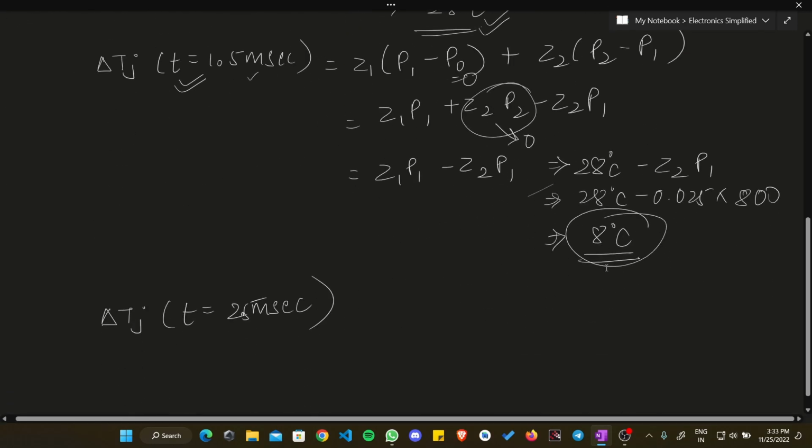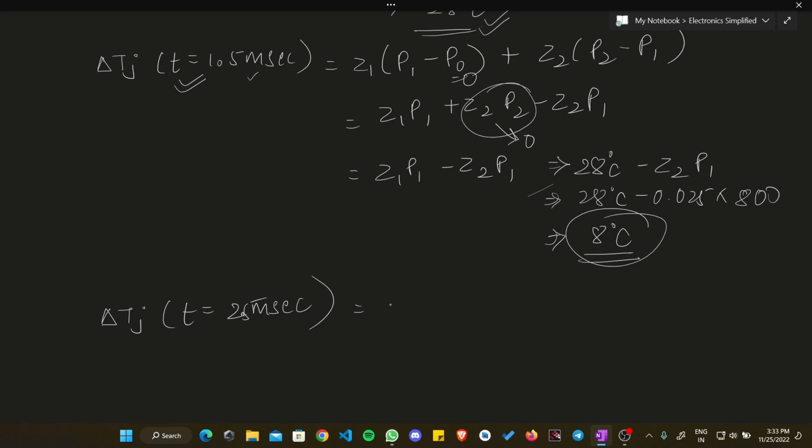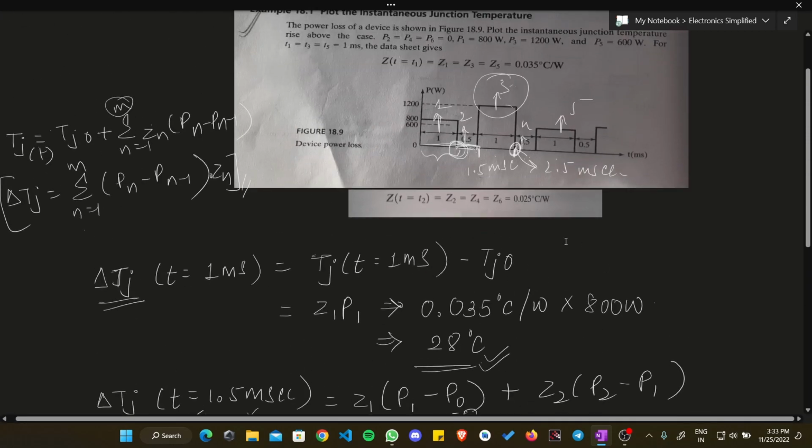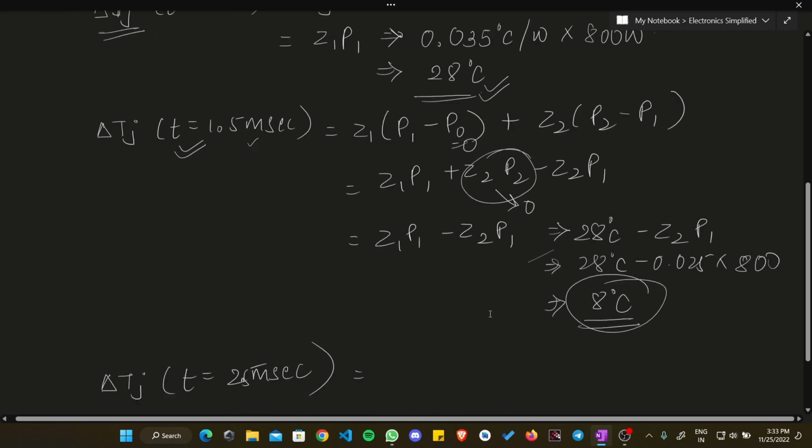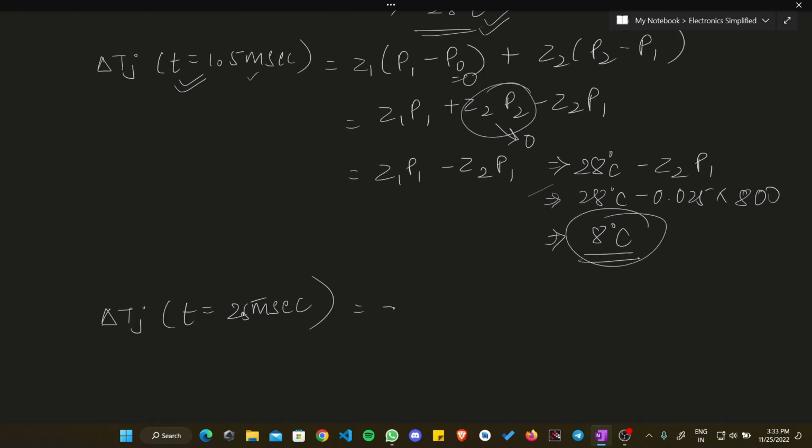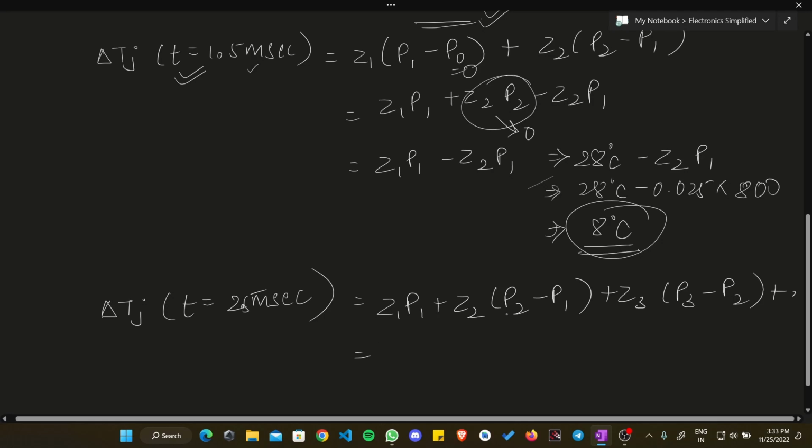So it will again become like this: if you put m equal to 3, meaning at the end of the third pulse, you will get something like z1 p1 plus z2 (p2 minus p1) plus z3 (p3 minus p2) and so on, right?